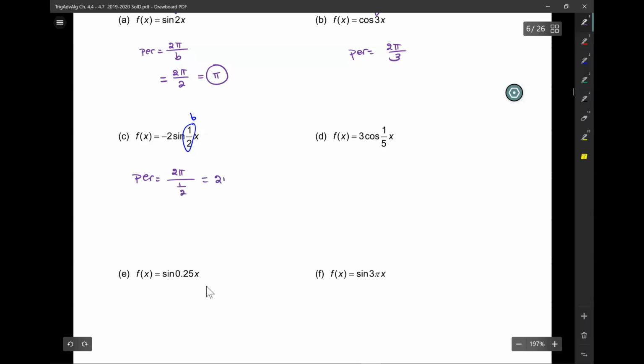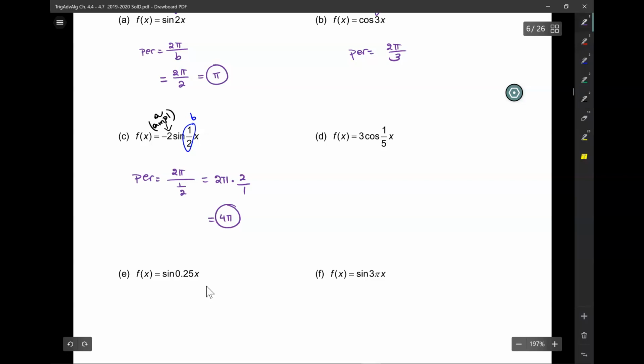That's the same as 2 pi times 2 over 1, 4 pi. The 2 here, that's A, and that gives you amplitude. Right, not for the period. That has no effect on the period whatsoever.